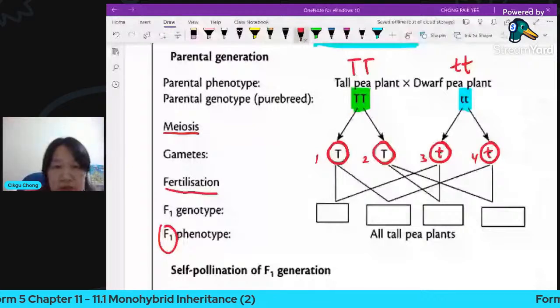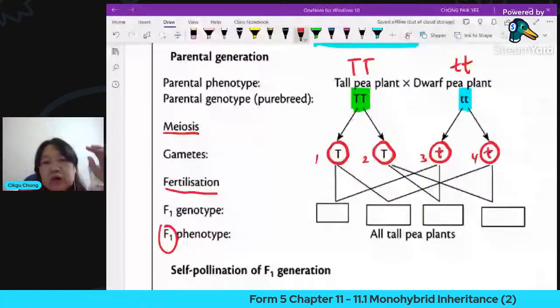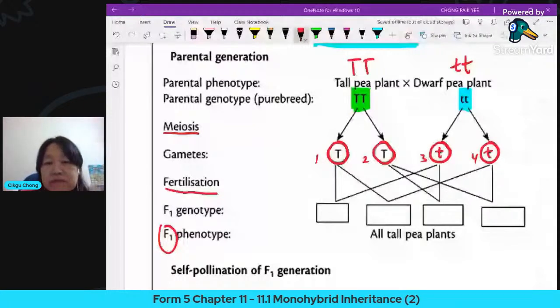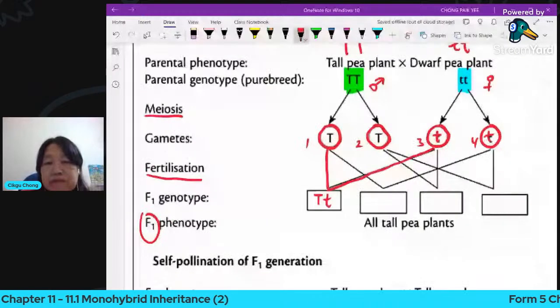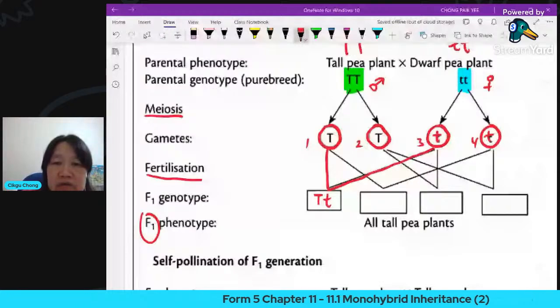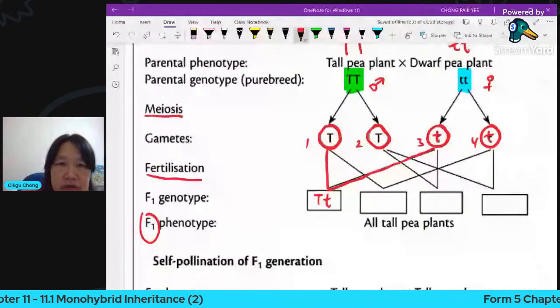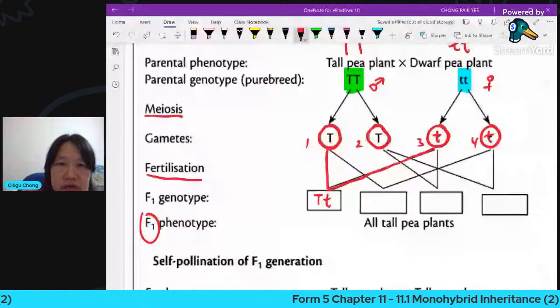Okay, now leave it there first. But this is not the only possible chance, isn't it? Your first gamete has an equal chance to fertilize the other gamete over there. So it can also combine with the fourth. All these lines show the possibilities that can happen, so I put a different color. Okay, this one is too thick, let me put this blue one.